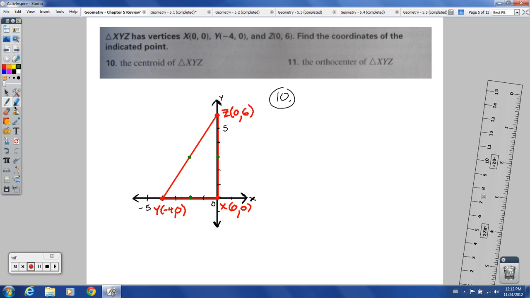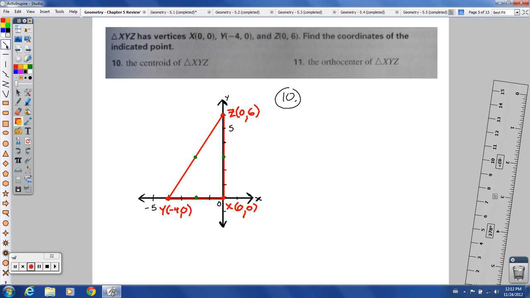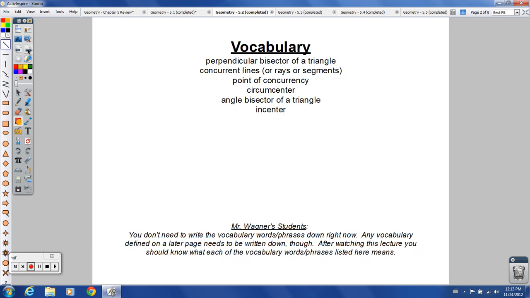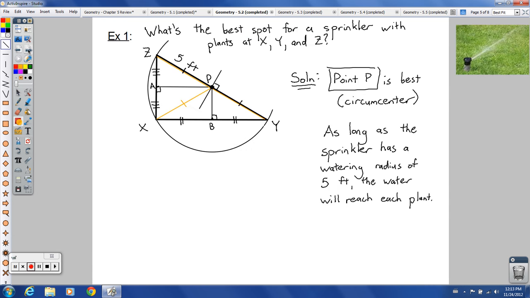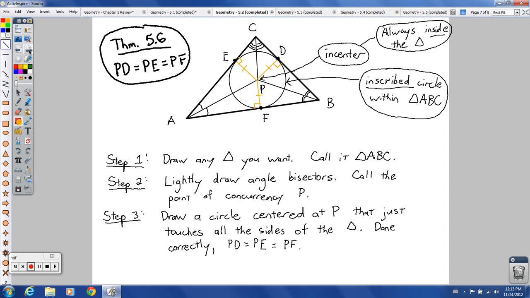So connecting these medians, or drawing in the medians, I should say, will look like this. Have something like that, connecting opposite vertex to opposite sides. So we need to figure out what is that point right there. So we can go back to, I think this was 5, 2. We can use the idea, let's see.